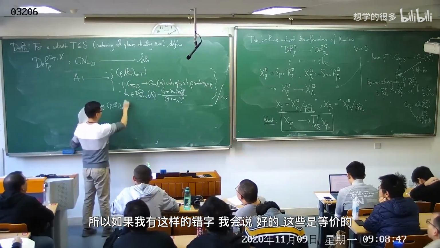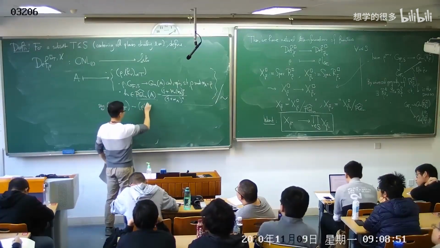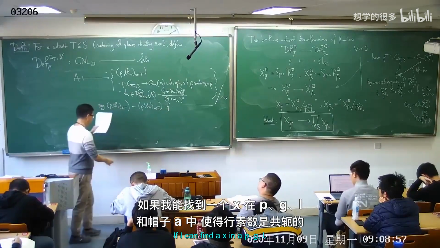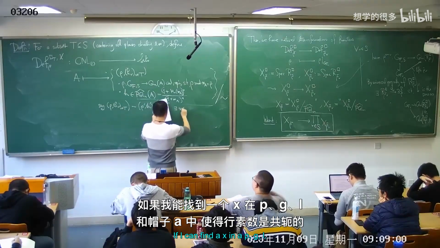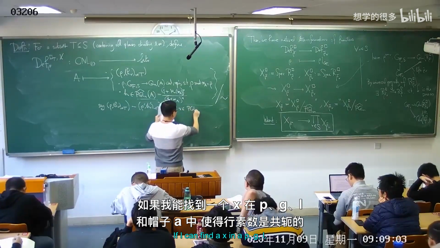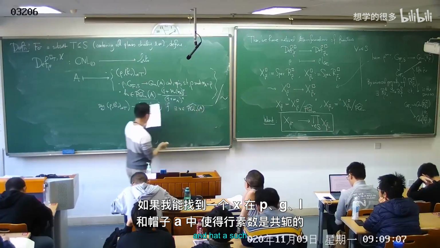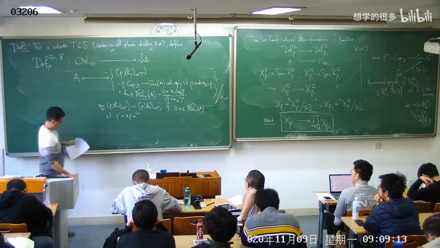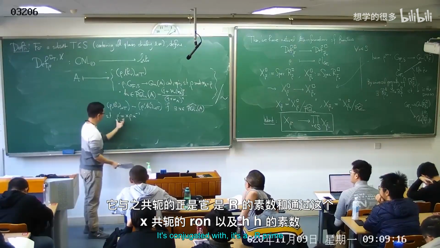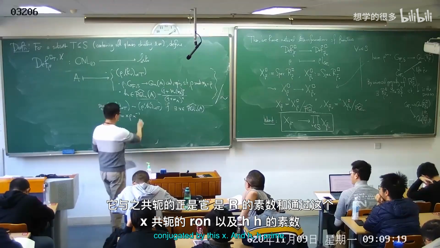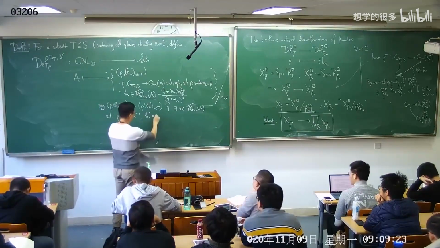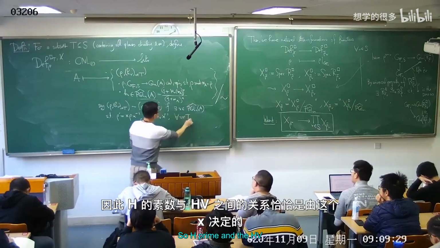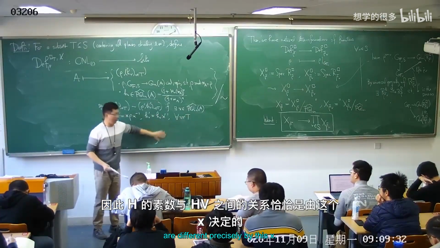If I have a tuple like so, I say these are equivalent if I can find an x in PGL_N hat A such that rho prime and rho are conjugated by this x, and H prime and H_v differ precisely by this x.